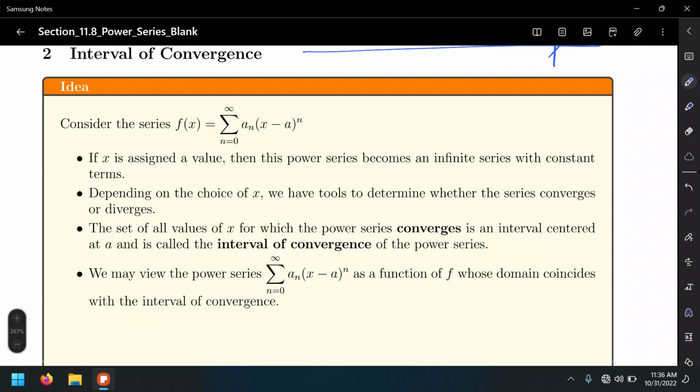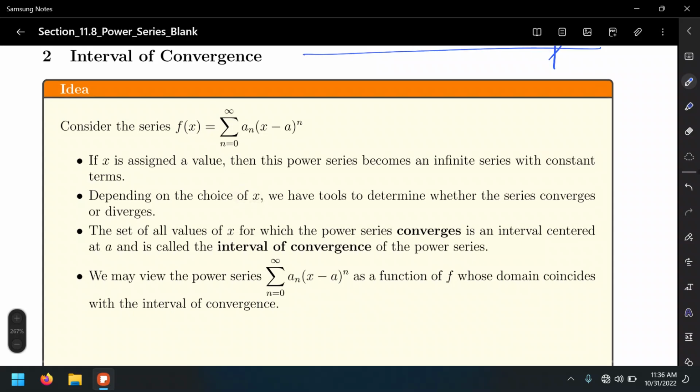So f of x equals sigma n equals 0 to infinity of a sub n times (x minus a) to the nth power represents a function f of x in its power series representation. For example, we will find out that the function e to the x has a sigma representation.